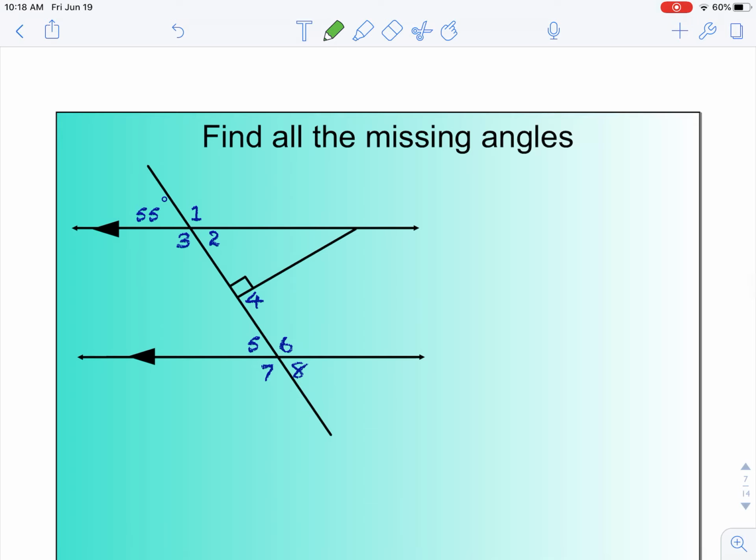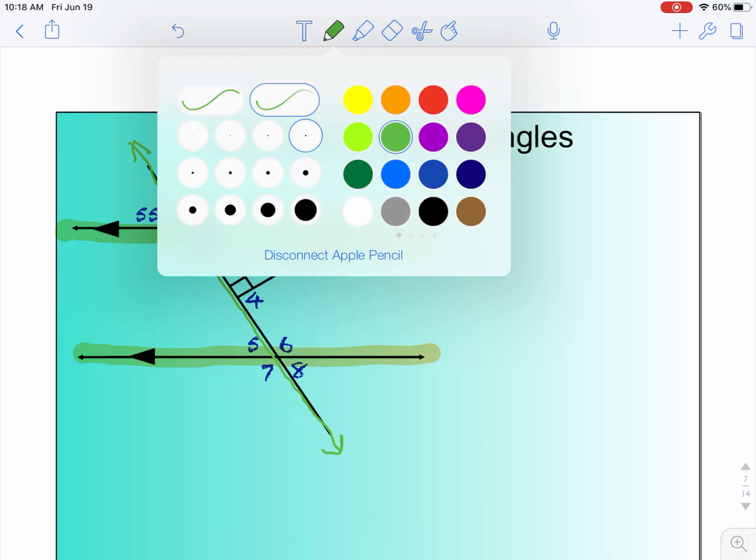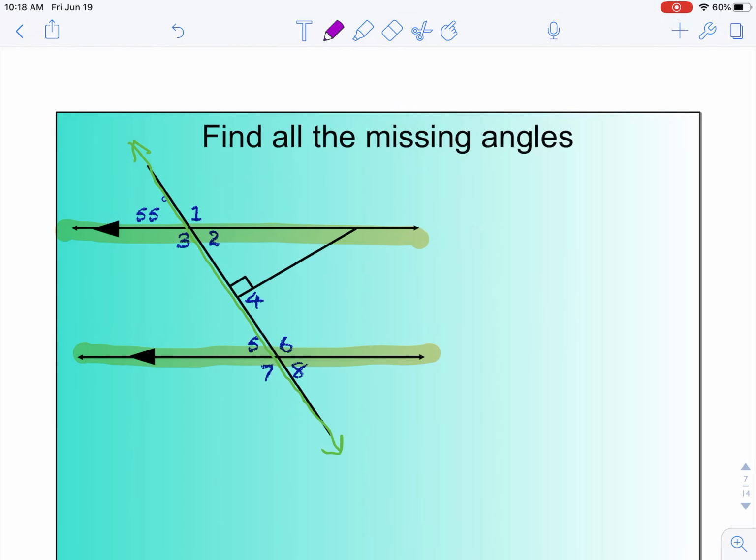So that means when we find all the missing angles, we can now use those theorems and the postulate. So again, if you're looking at these parallel lines cut by this transversal right here, we know that we could find angle 2 right here using vertical angles being congruent.